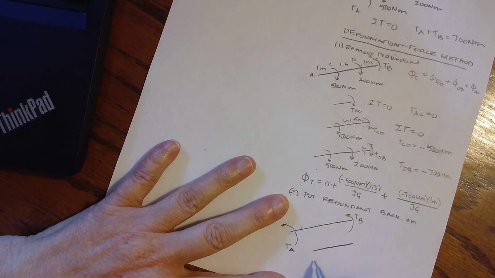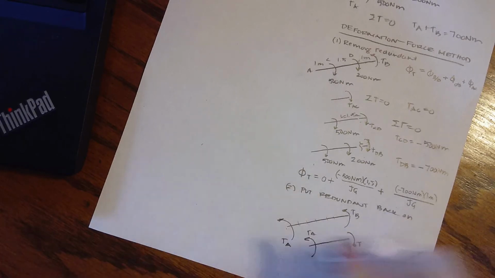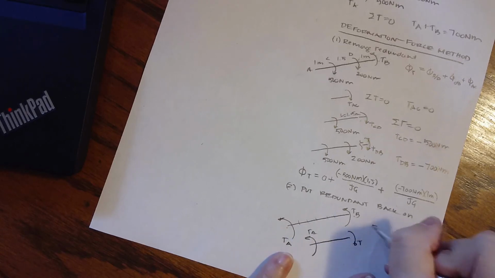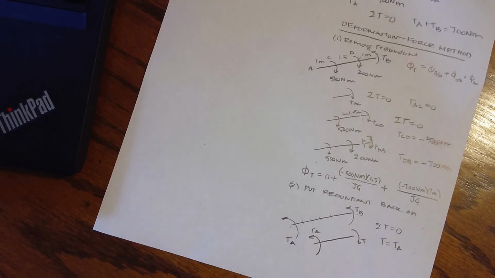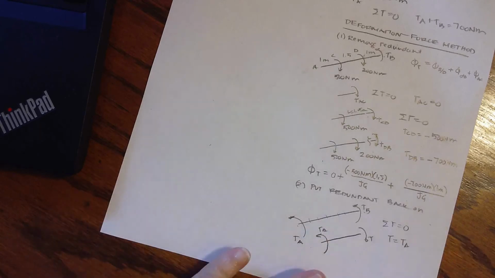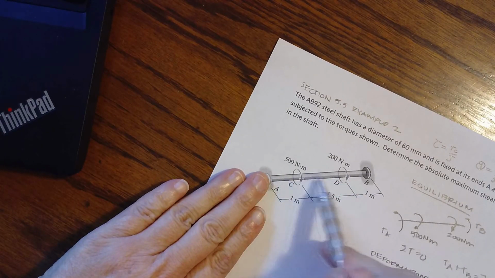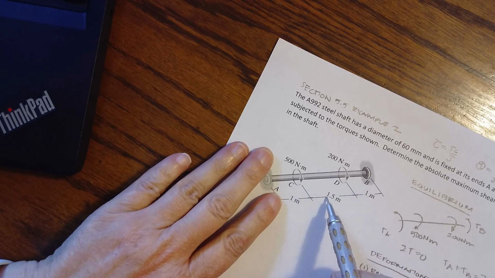Here's my torque A that I've put on. I'm going to assume it's positive. So here's my internal torque in the whole system from A to B. Now if I sum my torques equals 0, I'm going to find that that internal torque equals the torque at A. And so the whole thing is rotating, and because it's the same diameter and the same material, we can just look at the entire length of 3.5 meters.